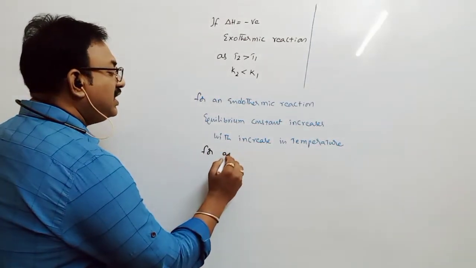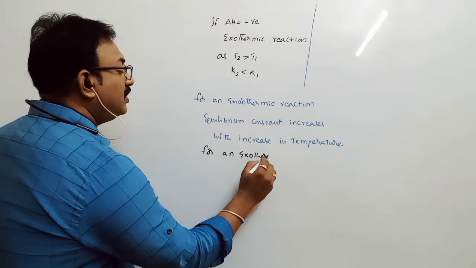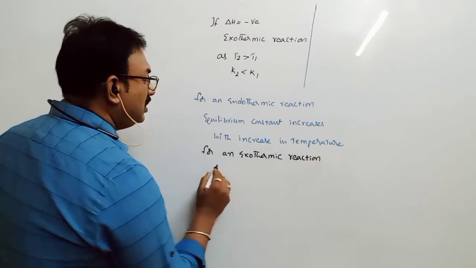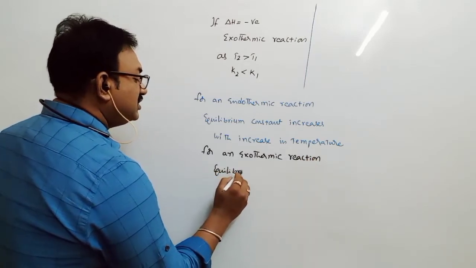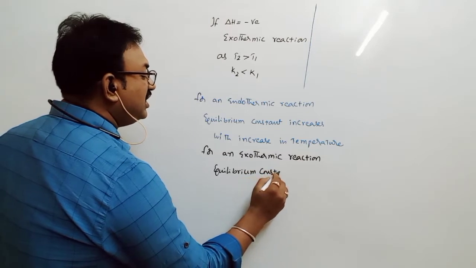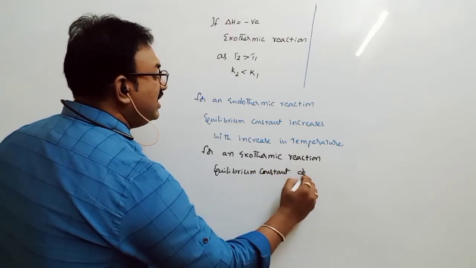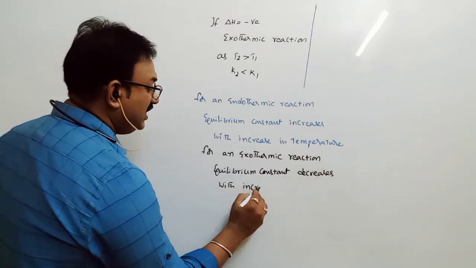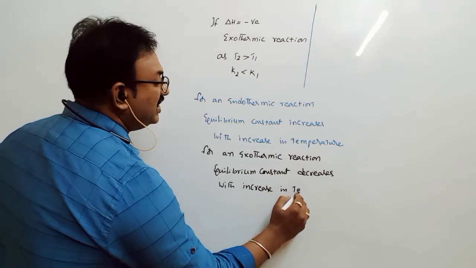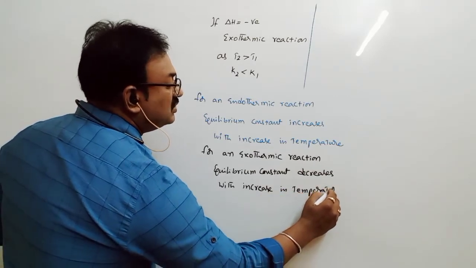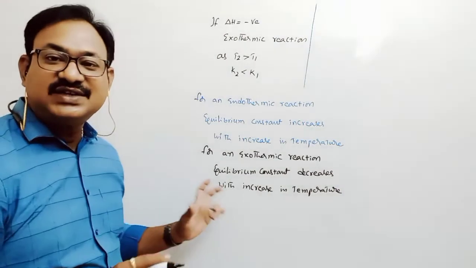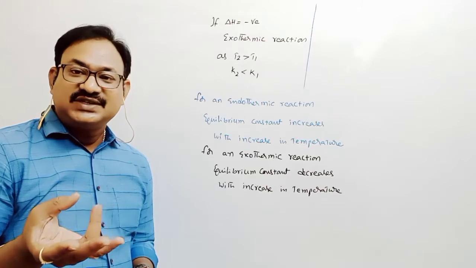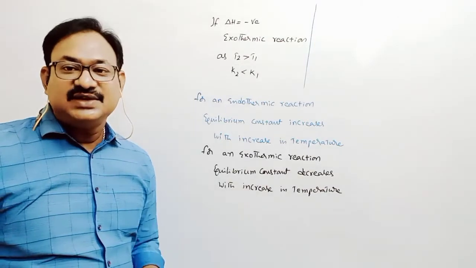For an exothermic reaction, equilibrium constant decreases with increase in temperature. So these are the factors which influence equilibrium constant: one is the direction of the process, another is stoichiometry, and the third one is temperature.